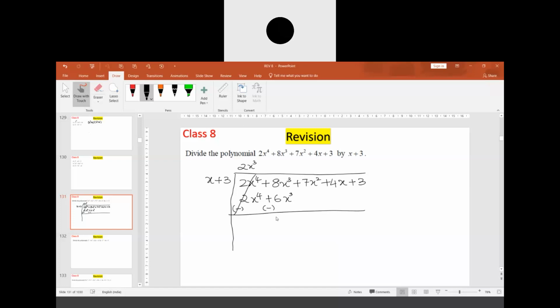Sir, the answer is 2x cube plus 2x square plus x plus 1.